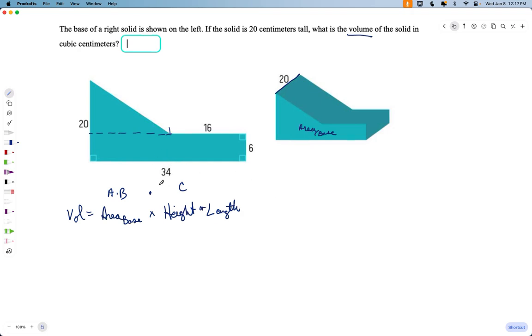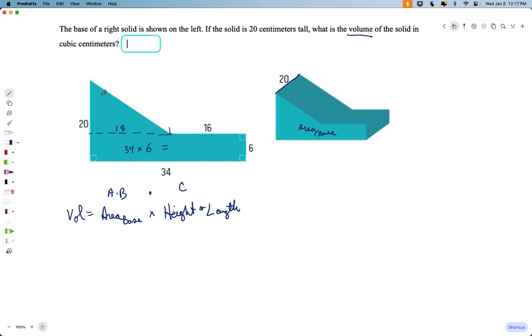So we have 34 by 6 here, and then because this is 16, this base has got to be 18, because 18 plus 16 is 34.